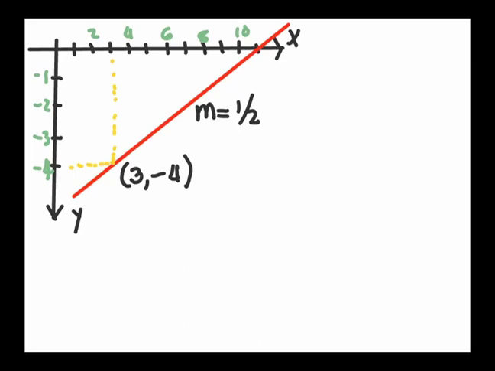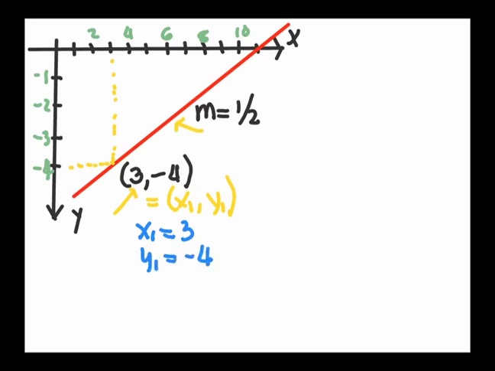As we can see here, this line passes through this point 3, negative 4. This point 3, negative 4 will be, of course, our x1, y1. Thereby, x1 will be equal to 3 and y1 is of course equal to negative 4.